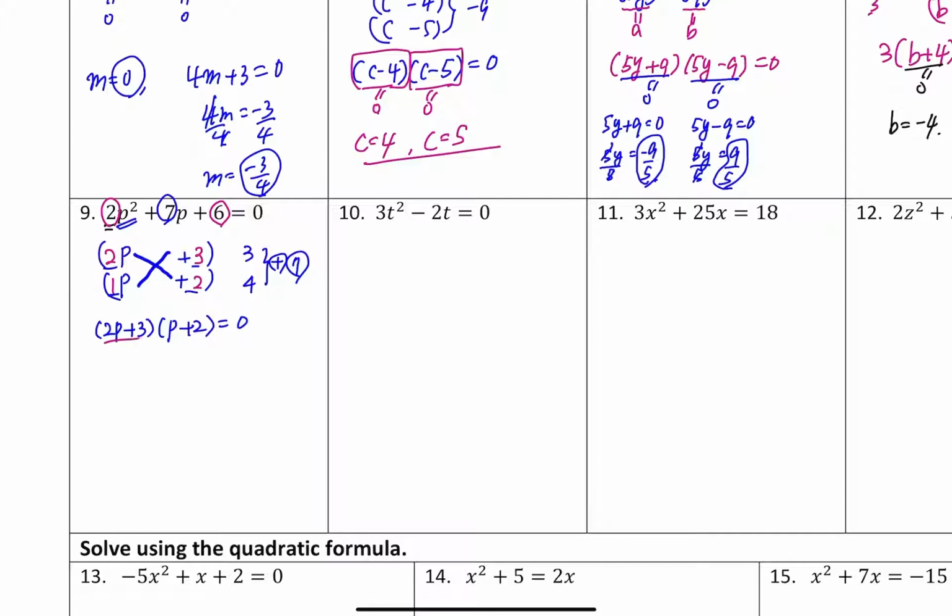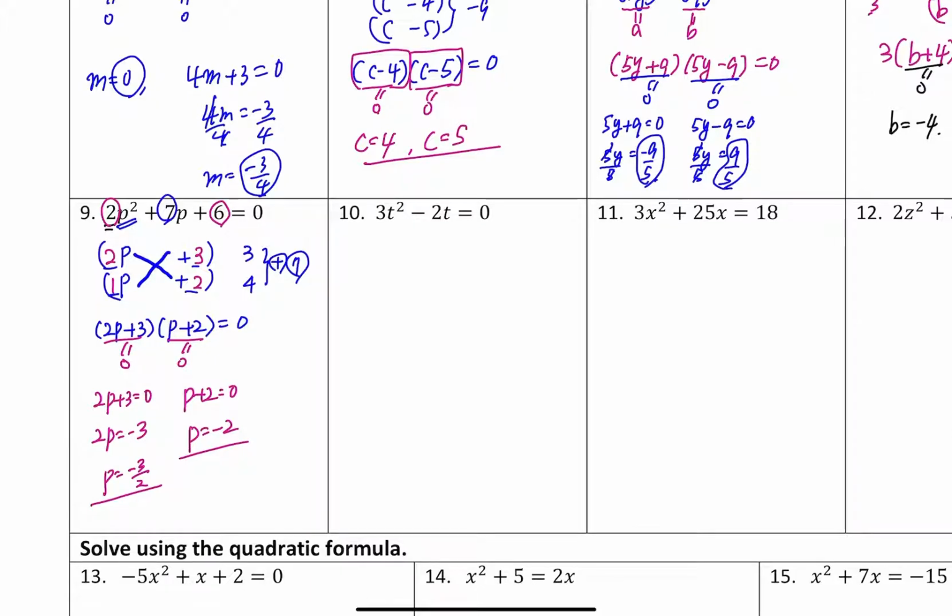And following steps are same. You use zero property. When first factor equals 0, 2p plus 3 equals 0, 2p equals negative 3, p equals negative 3 over 2. When second factor equals 0, p equals negative 2. So these two numbers are answers.